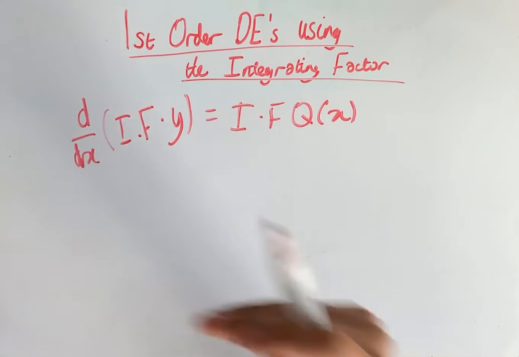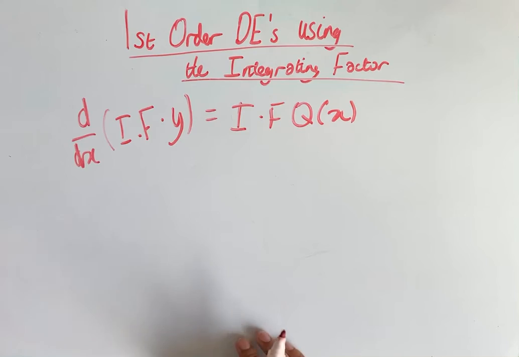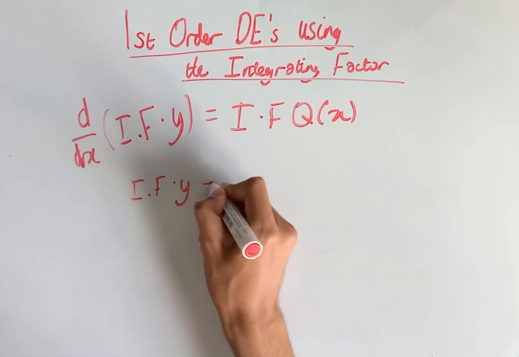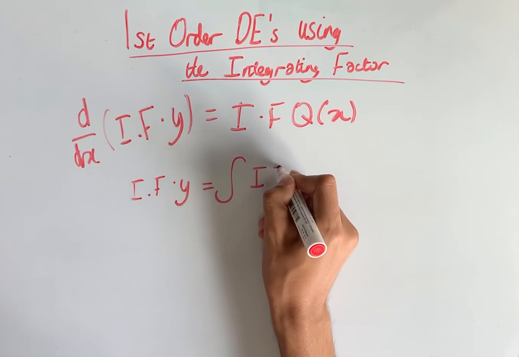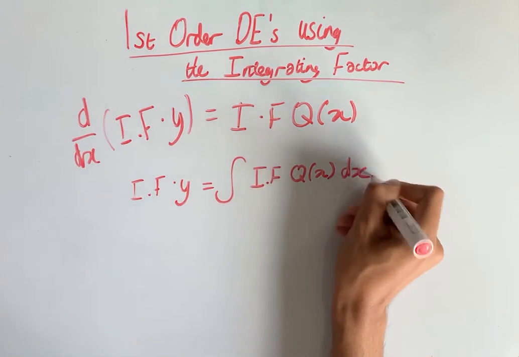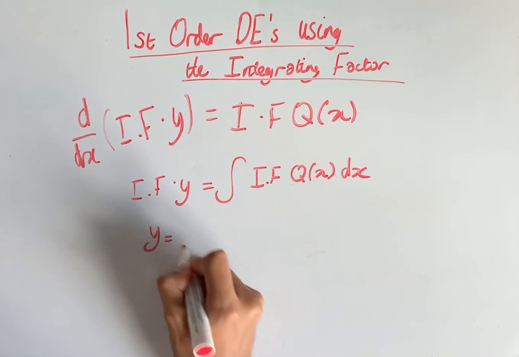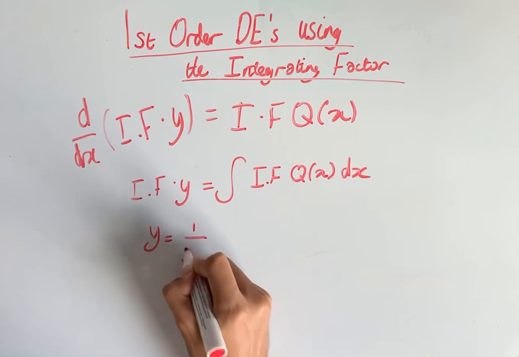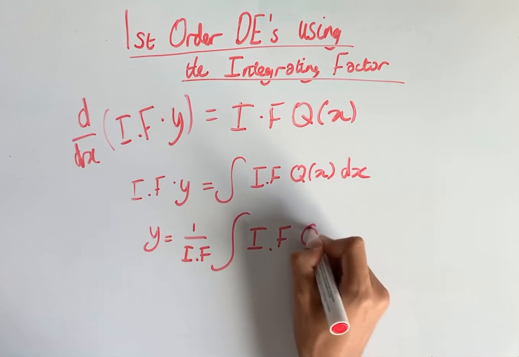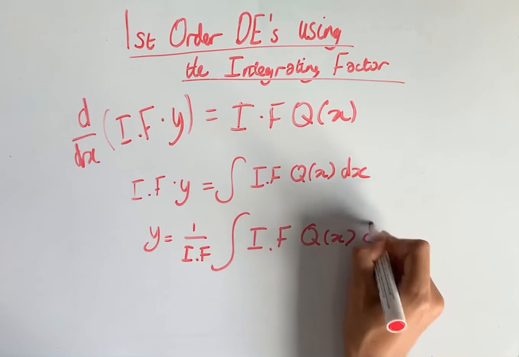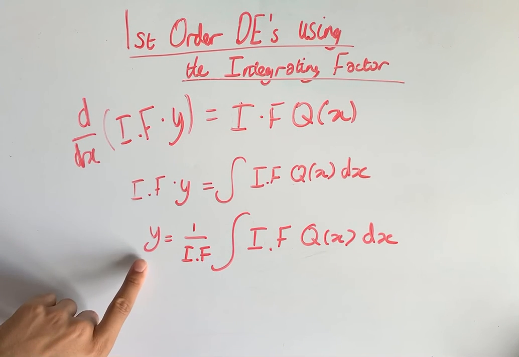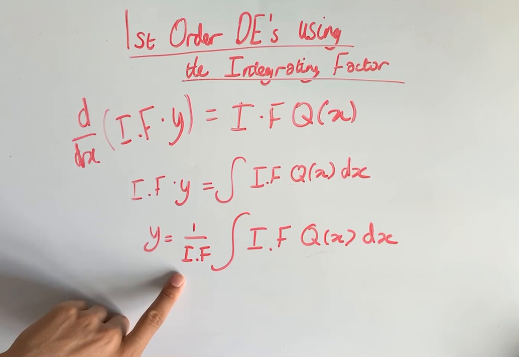So first, the opposite of a differentiation is integration. So I'm going to say IF times y equals the integral of IF multiplied by q(x) dx. Then I'm just going to say y is equal to 1 over IF multiplied by the integral of IF times q(x) dx. And here we've derived an equation for y using our integrating factor.